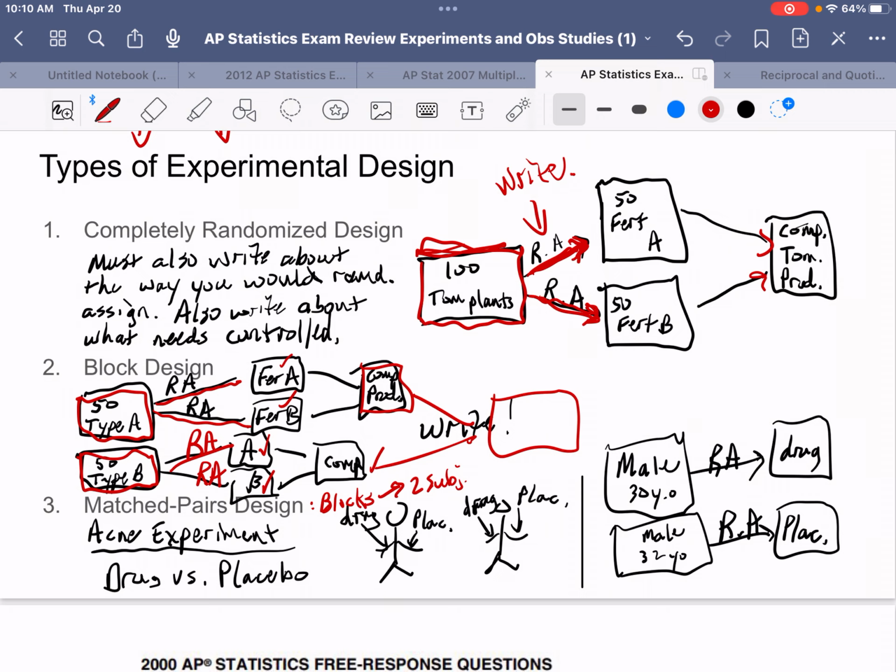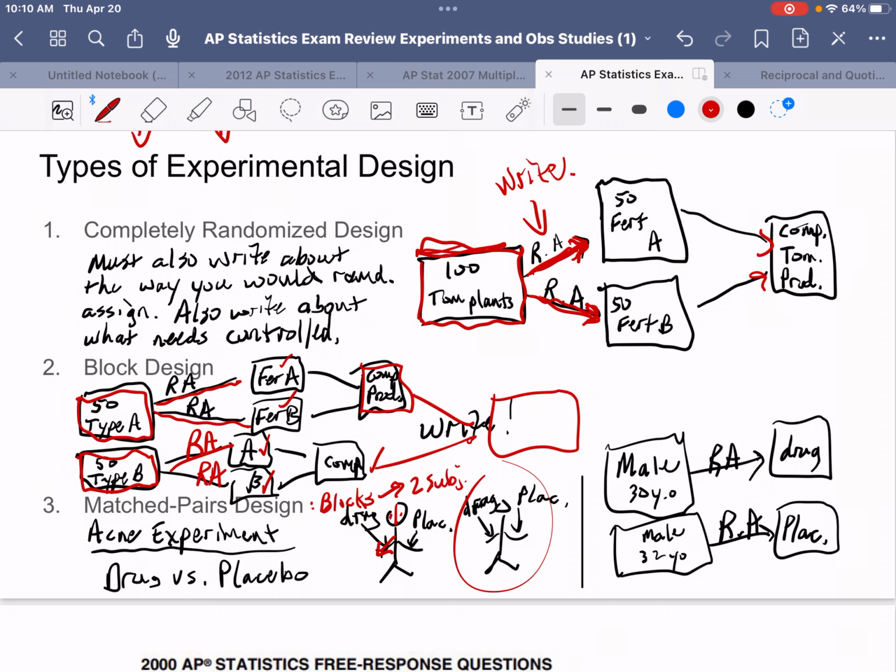I could apply the drug to one side of a human's face and the placebo to the other side of the same human's face, and that way I can actually visibly compare the acne on that one person's face to the same person's face, and then do that for the second person and the third person.